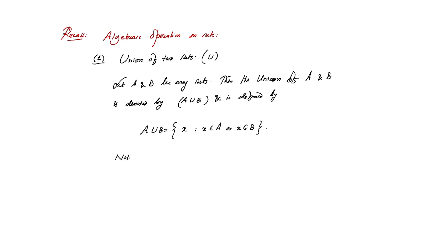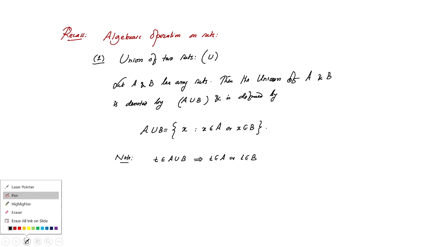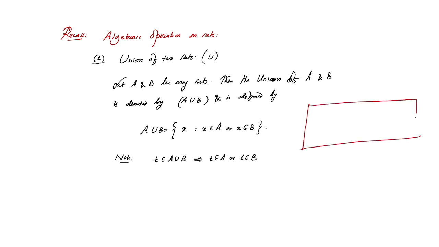So here the note: if say t belongs to A union B, what exactly does it mean? It means t belongs to A or t belongs to B. And if we draw the Venn diagram here, you will see that this set is A and this set is B, and this is the universal set, maybe U, or you can consider X, no problem.